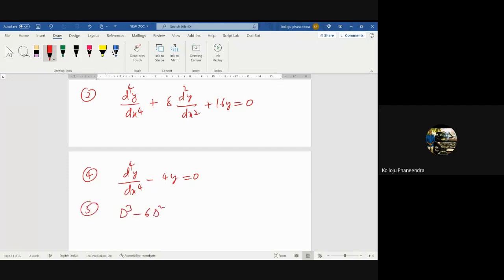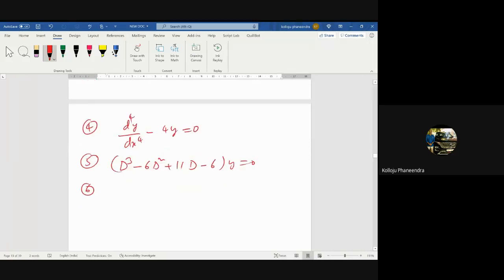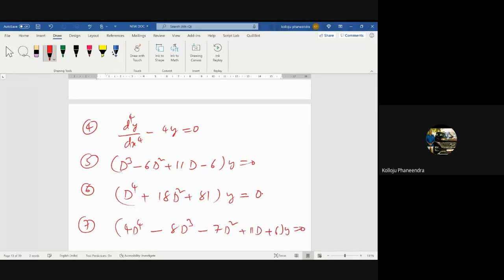D cube minus 6D square plus 11D minus 6 into y equals 0. D power 4 plus 18D square plus 81 into y equals 0. Next one and the last one. I have given 4D power 4 minus 8D cube minus 7D square plus 11D plus 6 into y equals 0.